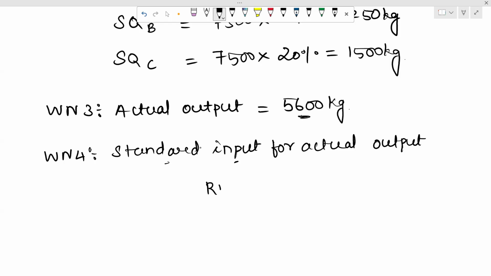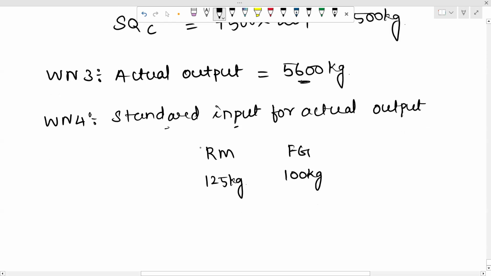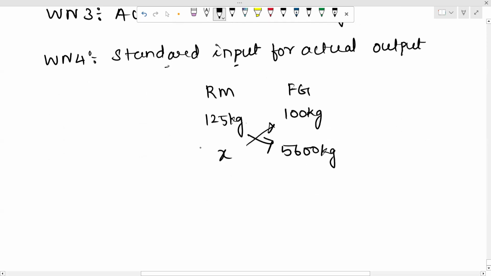So again, let's take the input output ratio. In order to produce 100 kg of finished goods, we are expecting to use 125 kg of raw material. Then in order to produce 5600 kg of finished goods, how many kg of raw material we should have actually used?